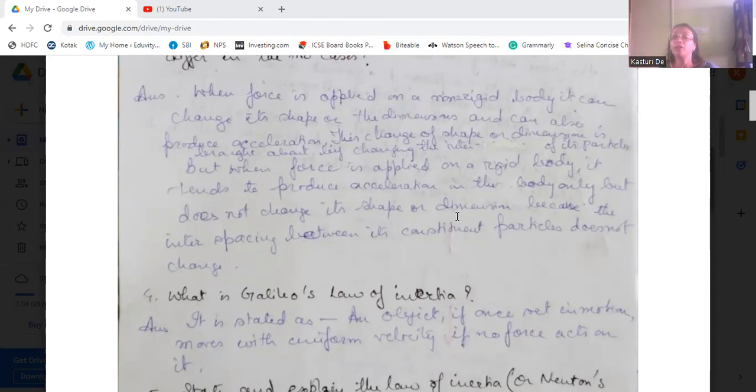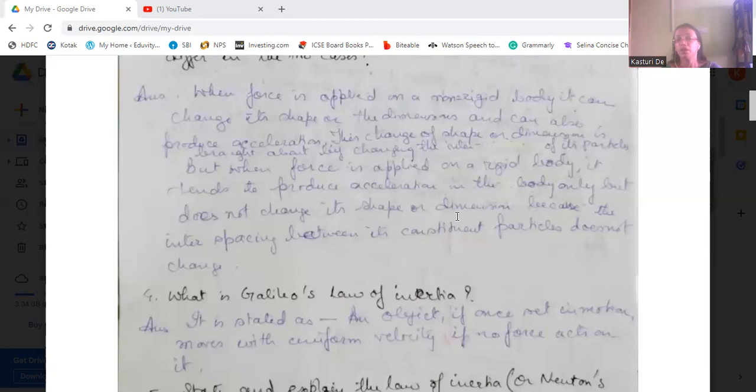But when we come to a rigid body, their interparticular spaces are very less. Okay, so they are rigid. If you are applying force on it, you cannot change its shape or dimension, or even if it is very rigid or very big, then you cannot move the particles, you move the block itself, the body itself. Okay.